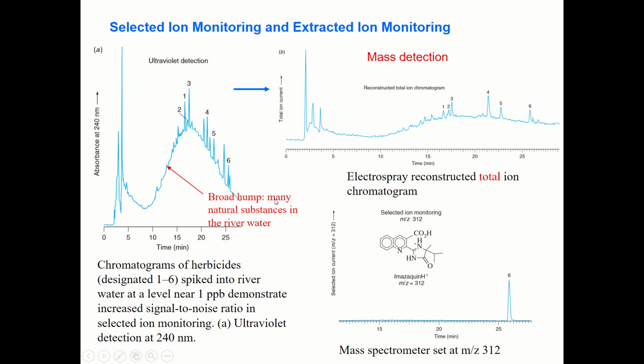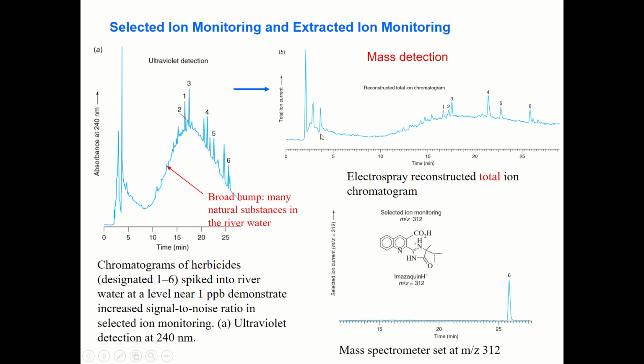So if you use a mass spectrometer as a detector instead of this UV detector, and you do the same thing as a function of time, you detect not absorbance but total ion current.